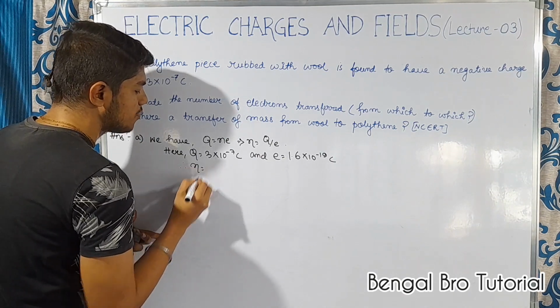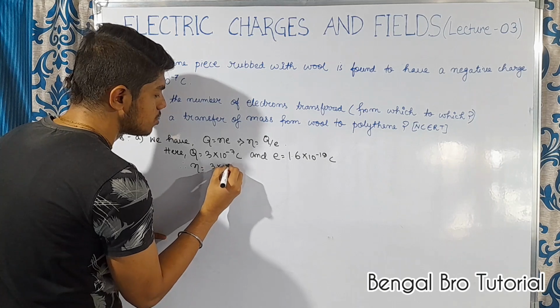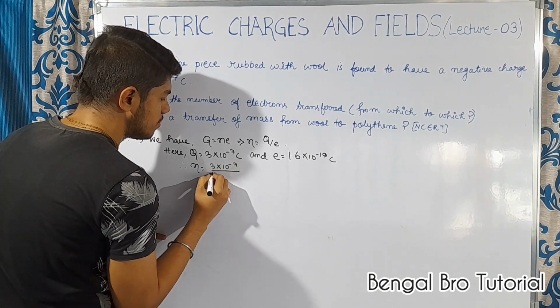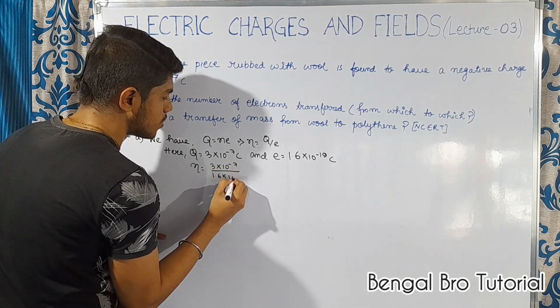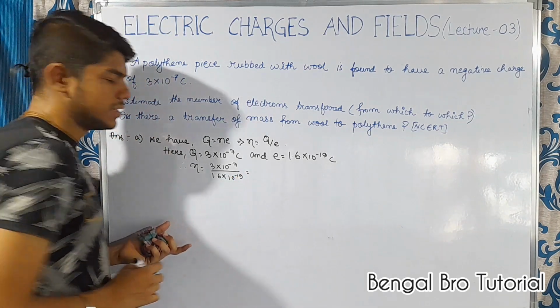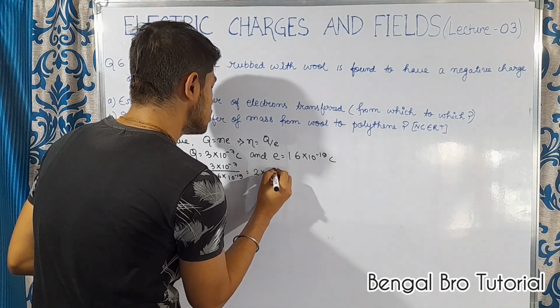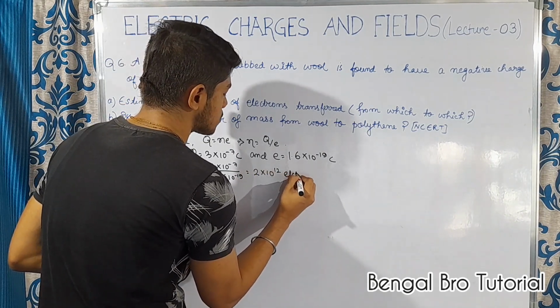Therefore, the number of electrons transferred will be equal to 3 into 10 to the power minus 7 by 1.6 into 10 to the power minus 19. If you solve this, you will get the answer equal to 2 into 10 to the power 12 electrons.